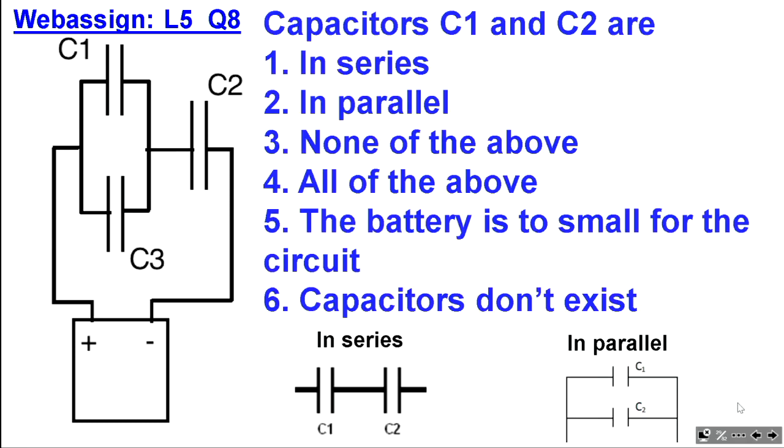And if you look at capacitors 1 and 3, they are definitely connected in parallel. No doubts there. But the question about capacitors 1 and 2 would have been a similar question about capacitors 2 and 3.